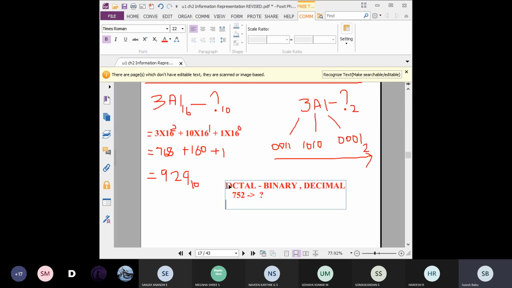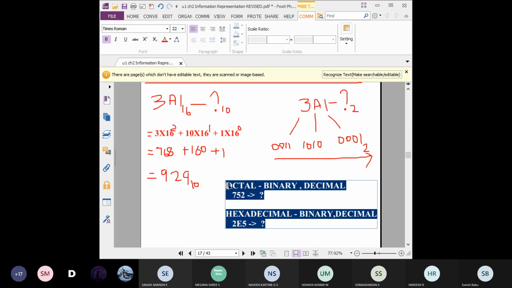Then the next homework is hexadecimal to binary and decimal: 2E5. This is the number for which you want to calculate the equivalent binary value and decimal value. Students, understood? Everyone, note down this homework.